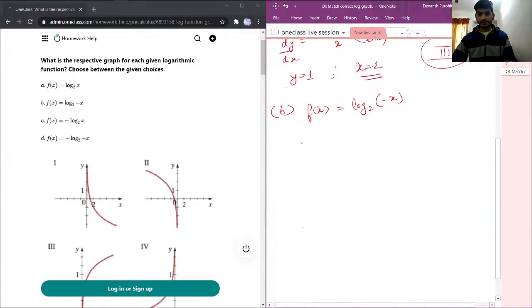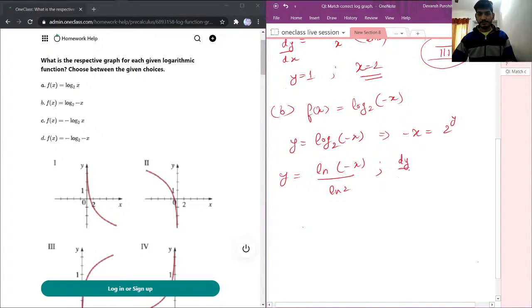I'll just write y equal to log of negative of x with base 2. Then this implies if I take antilog on both sides, we'll get negative of x equal to 2 power y. Then for this one, I will write ln of negative of x over ln of 2.